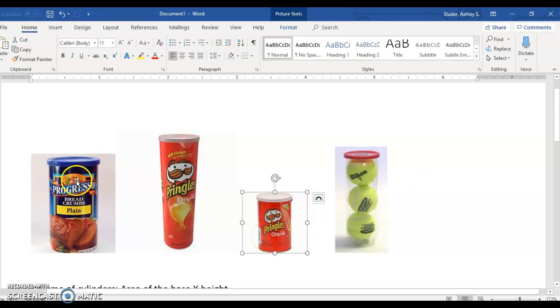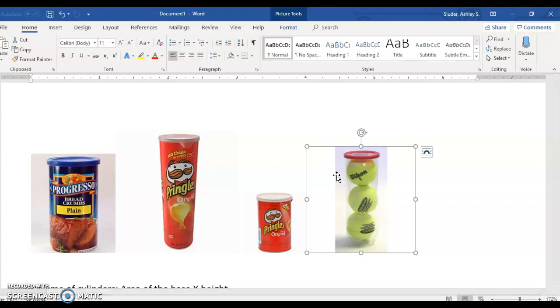And then of course, breadcrumbs come in cylinders. Sometimes you can buy tennis balls in cylinders. A lot of times you can buy cereal containers that are in the shape of cylinders. So whenever I think of cylinders, I think of containers from the grocery store.